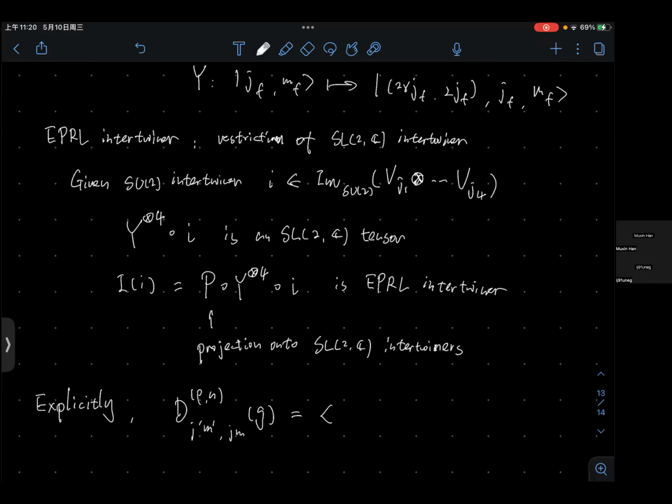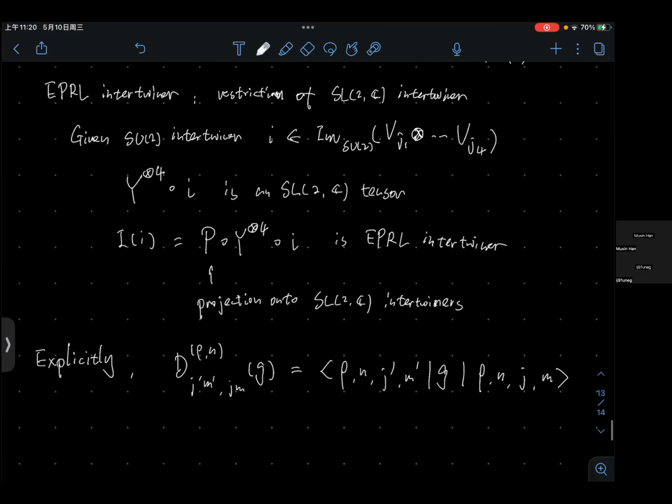This is given by the matrix of the representation of G in the canonical basis, for any G belonging to SL2C. So this is the Wigner D matrix.